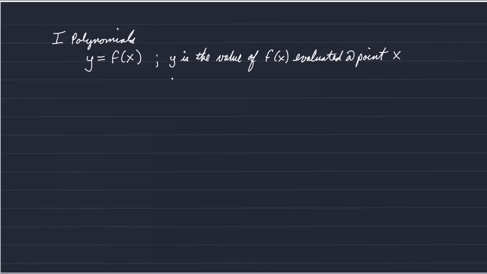Right? So if we discuss y being f of x like this, then we'll often refer to y as being the dependent variable and x being the independent variable.